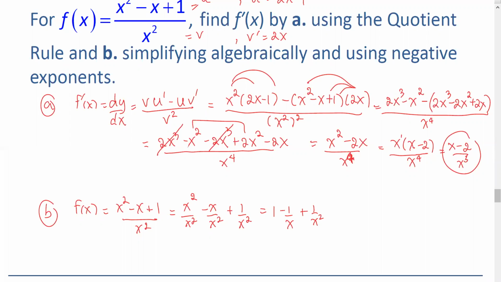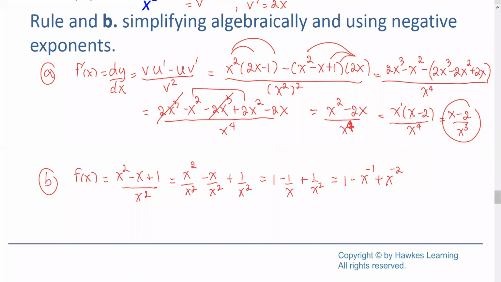To find the derivative, we are going to write it with negative powers to get 1 minus x to the negative first plus x to the negative second. Then use the power rule to find the derivative.